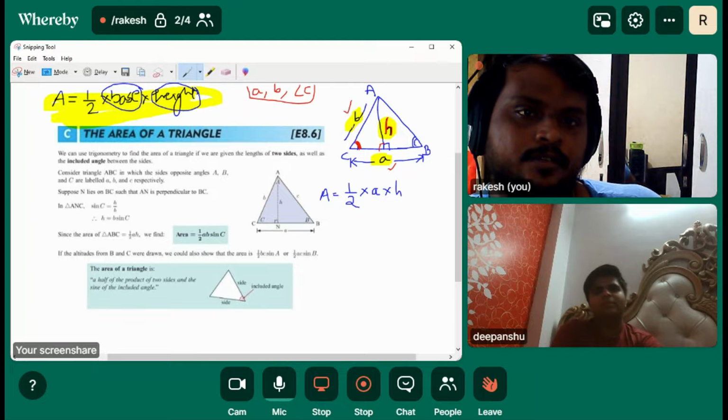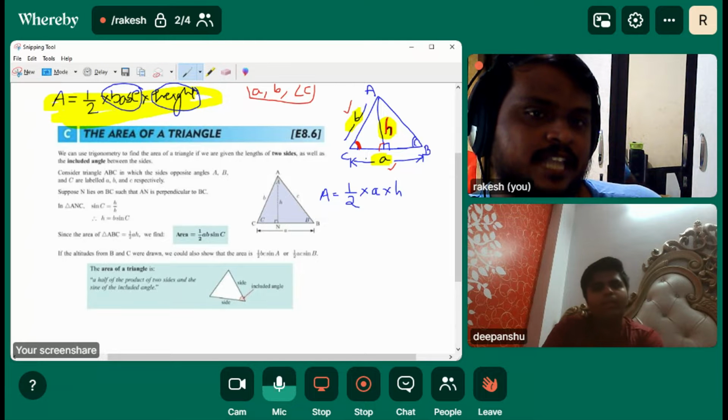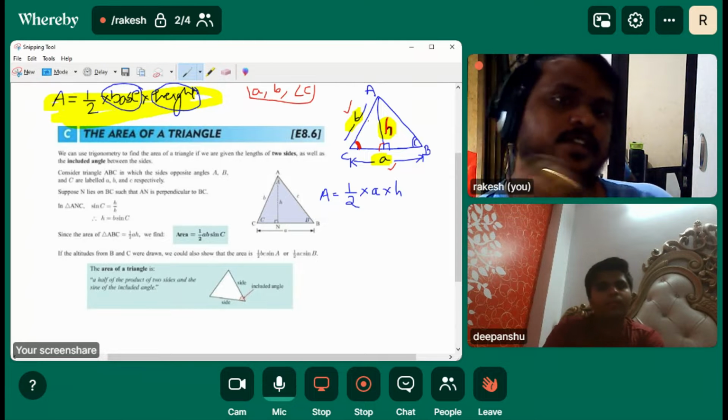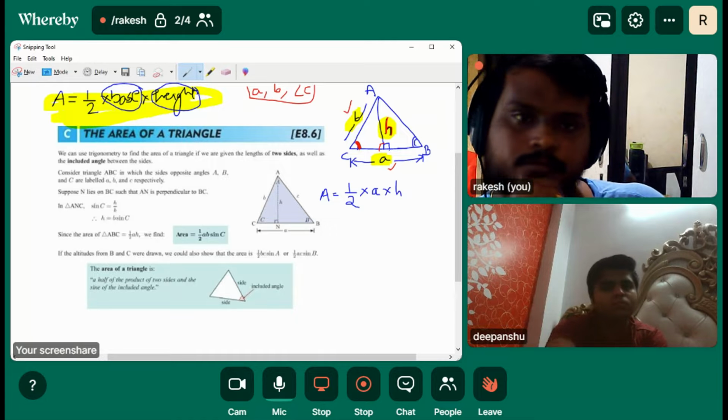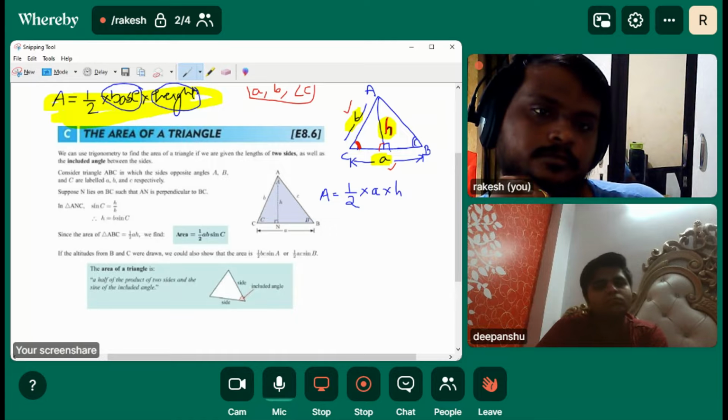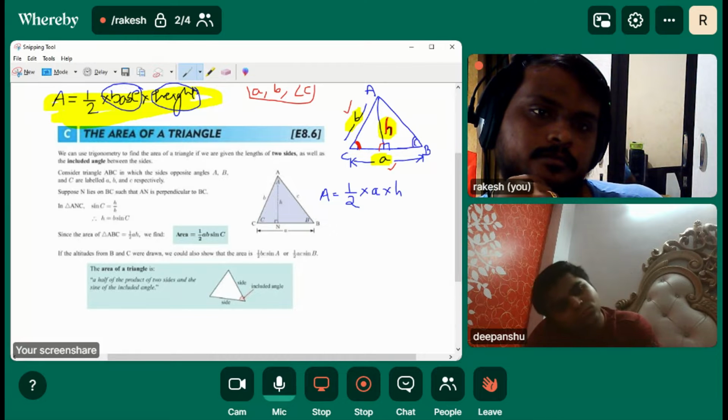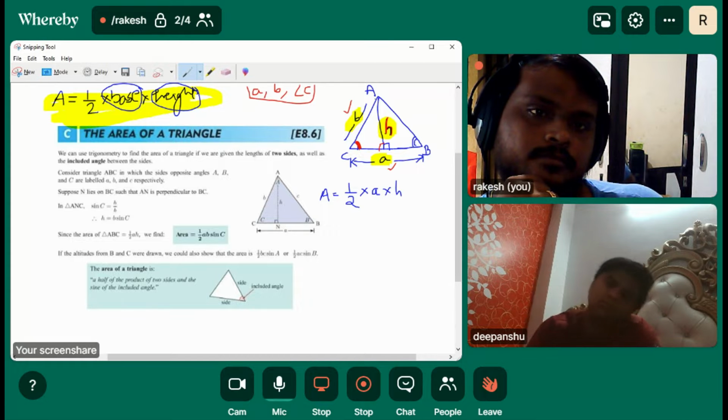सर एंगल सी गिवन है. Angle c given है, and side b is also given. Side a is also given. सर कॉस.